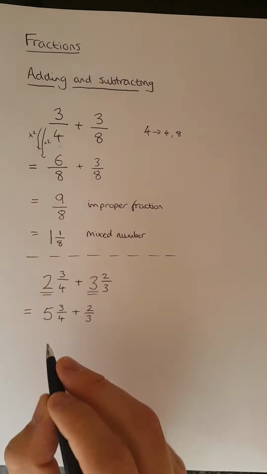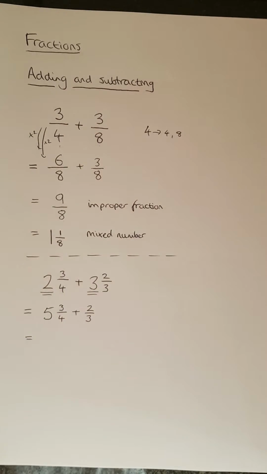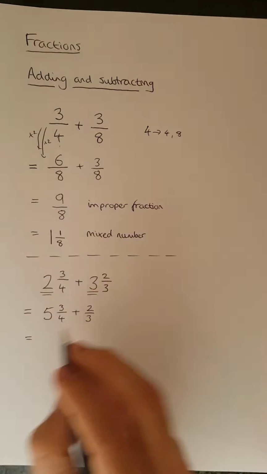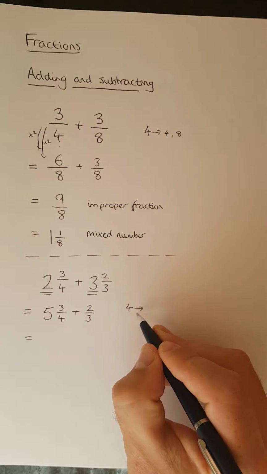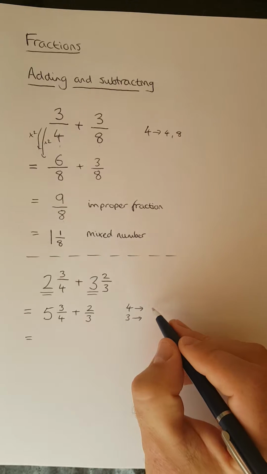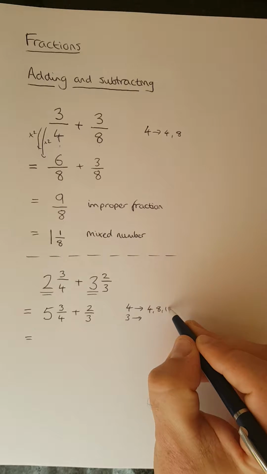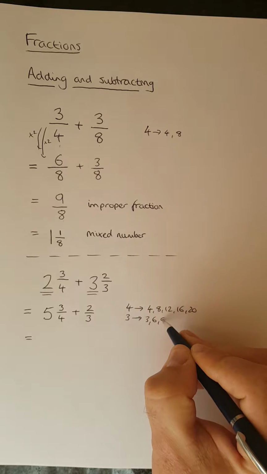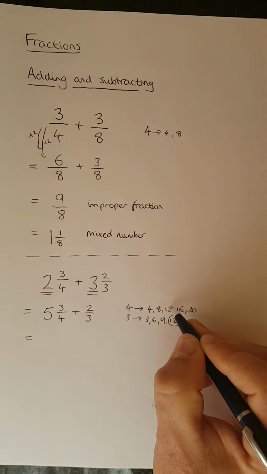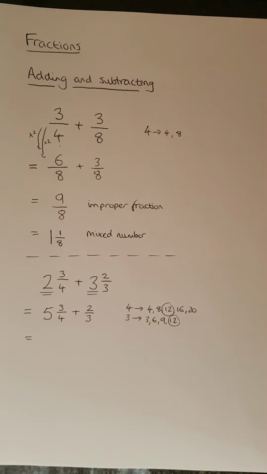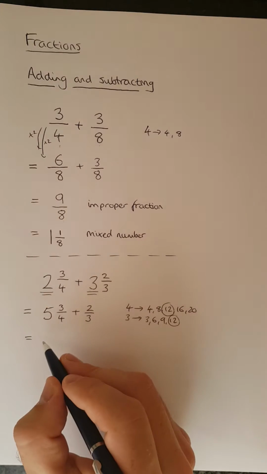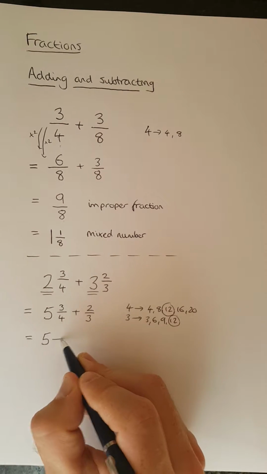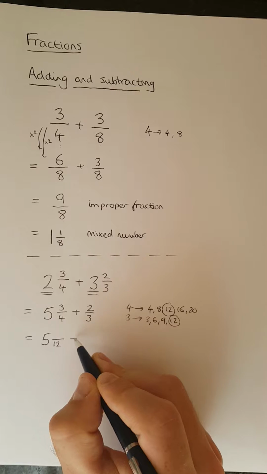Now let's deal with our fractions. We have denominators of 4 and 3. So let's work out where those times tables will meet. Twelve it is.